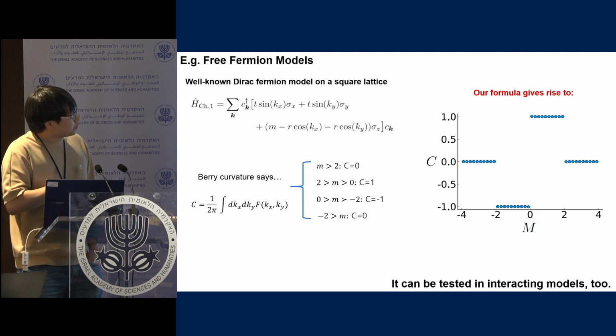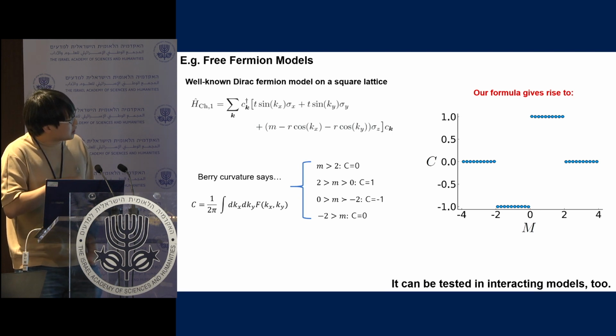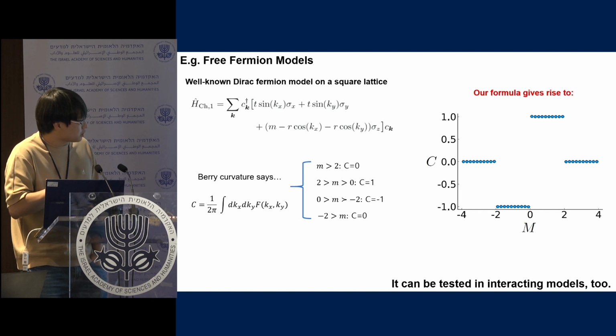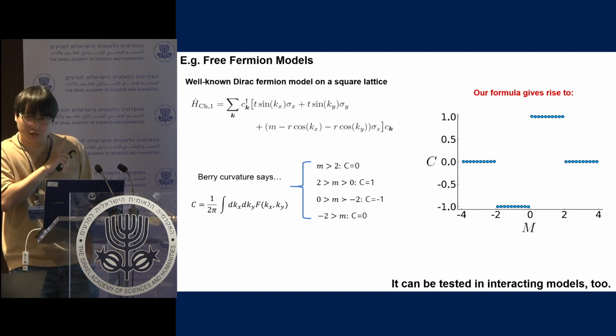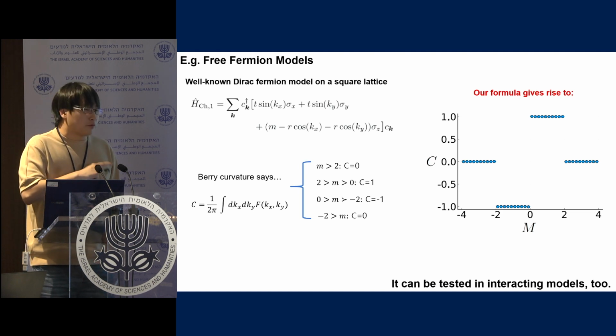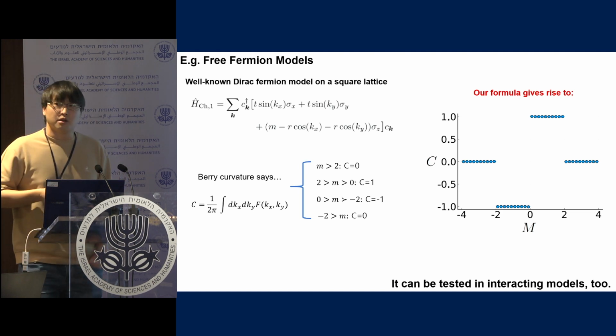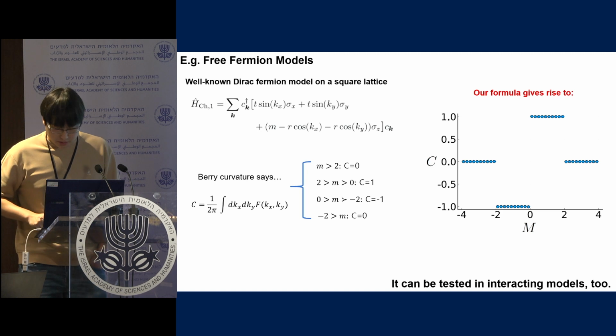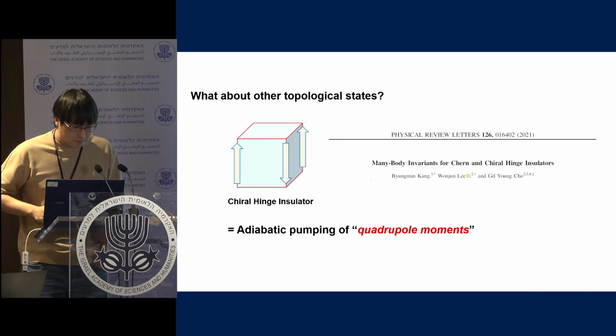And then with our formula, if I plug in the electron ground states, then you get consistent answers: m less than minus 2, you get 0, which is consistent, and between minus 2 and 0, you get minus 1, and then 1 and 0. So actually, you can test our formula even for interacting models using DMRG, and then you can easily check it works well.